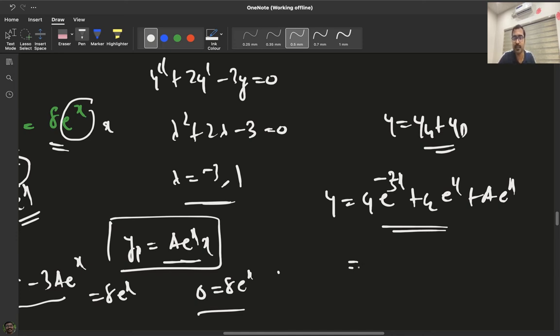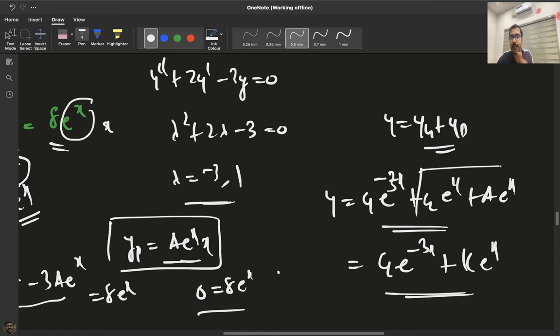Why? Because it is actually like c1 e raised to minus 3x plus some constant k times e raised to x. There is no particular solution there. In effect, this will be absorbed here. So in order to prevent these two terms from combining, I'll supply an x there. In that way also you can think of it, just like a homogeneous equation.